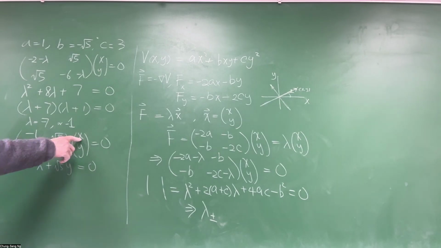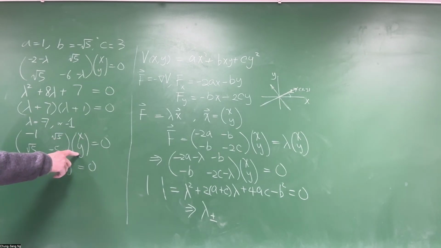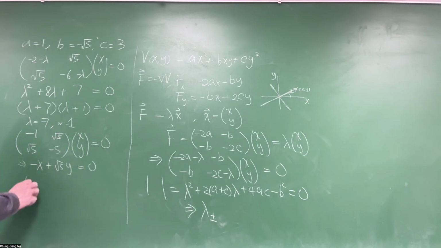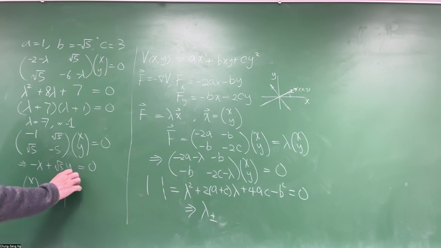If you choose y equals 1, which is maybe easier, then obviously x is square root of 5. So x and y are proportional to square root of 5 and 1.